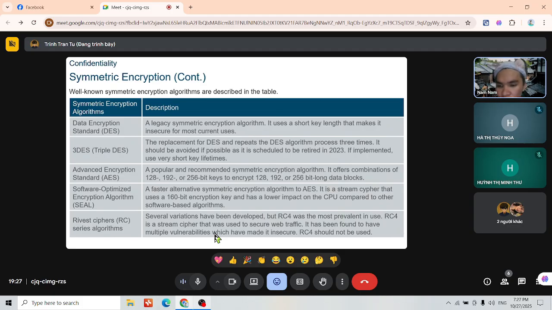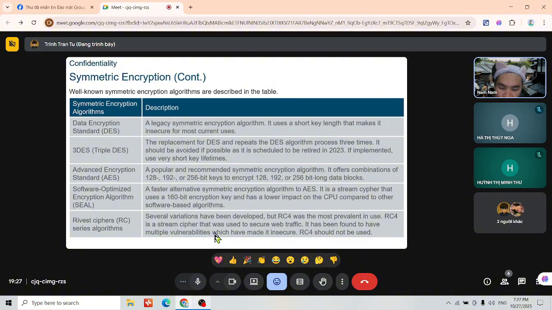Software-optimized Encryption Algorithm, SEAL, is a faster alternative symmetric encryption algorithm to AES. It is a stream cipher that uses 160-bit encryption keys and has a lower impact on the CPU compared to other software-based algorithms. Rivest Cipher series algorithms, RC.